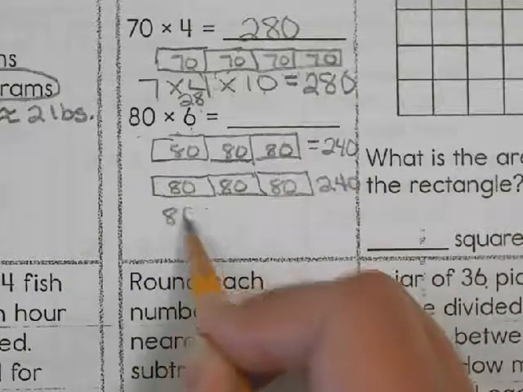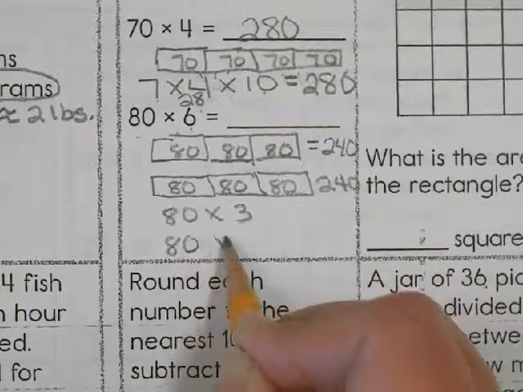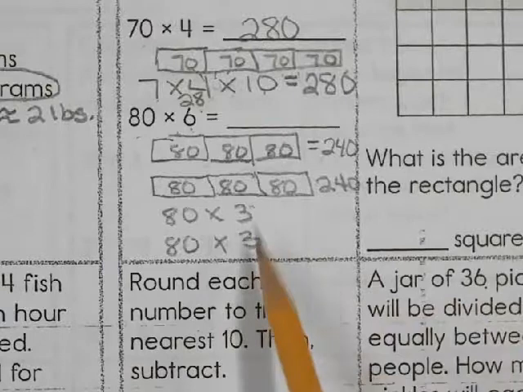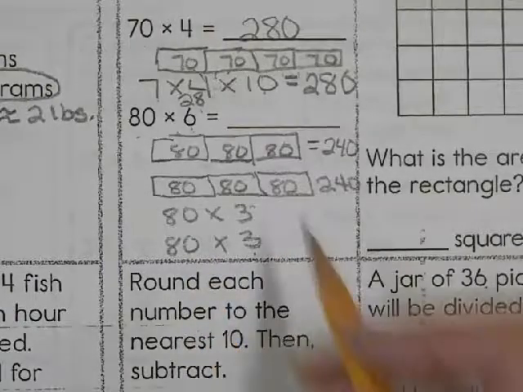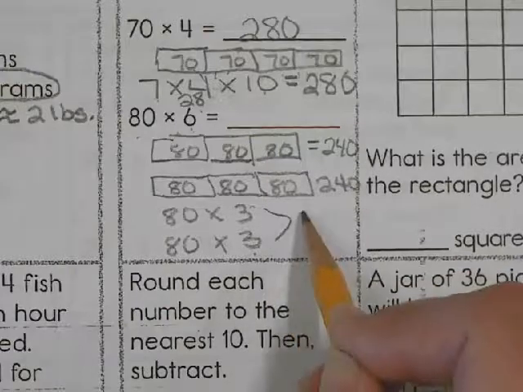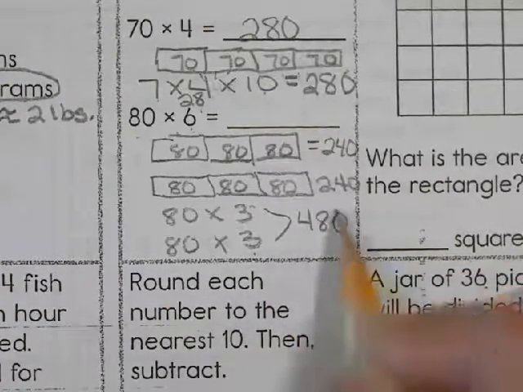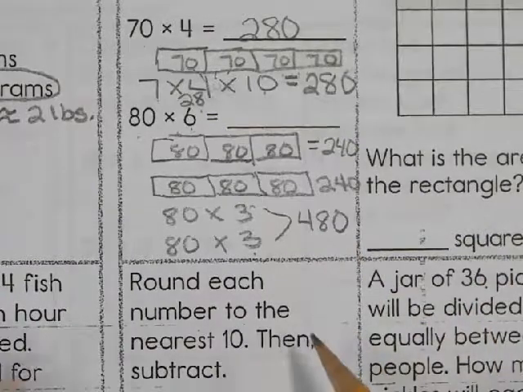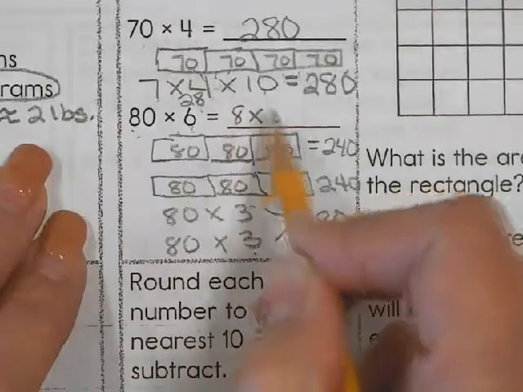So basically what I did there is I did 80 times 3 and 80 times 3 again to get these 6 groups of 80. So again, that's going to give me 480. Now, again, if I use my basic fact, 8 times 6 is 48.